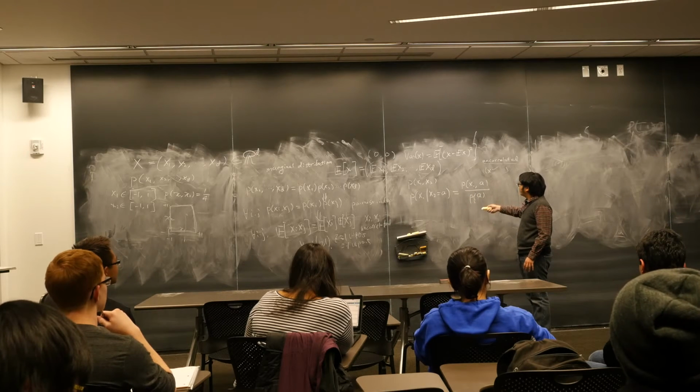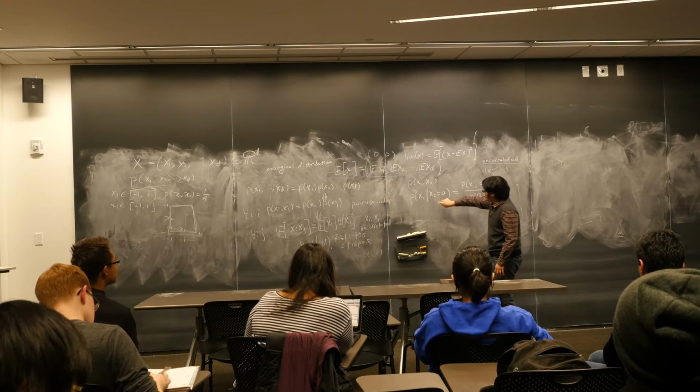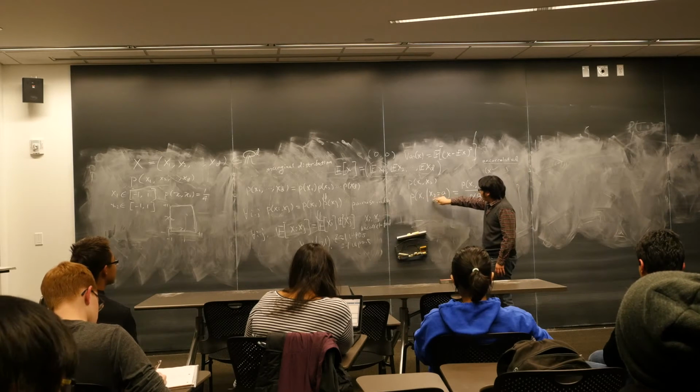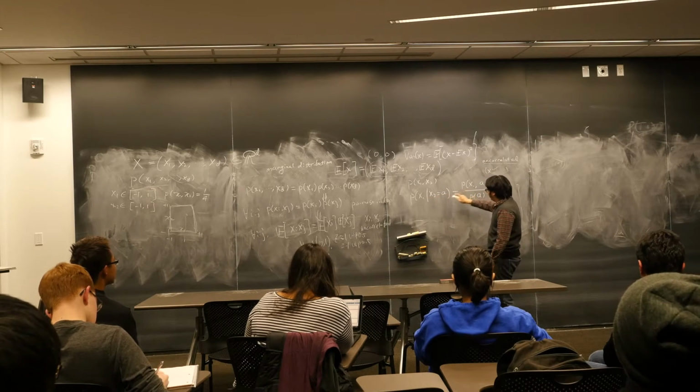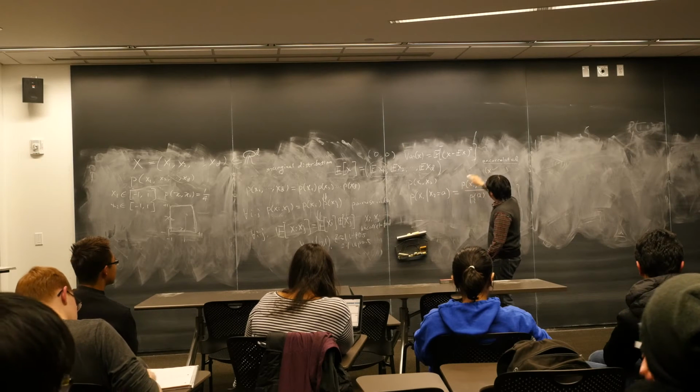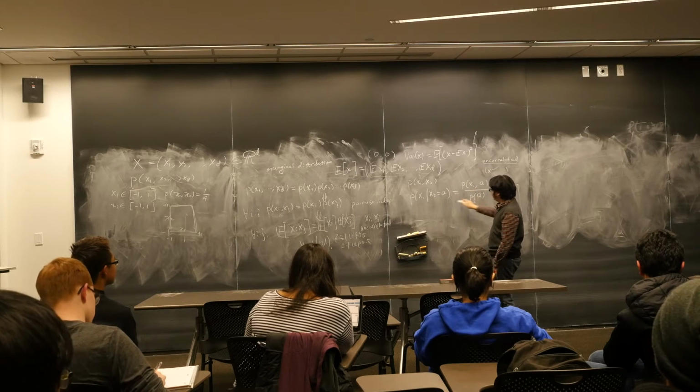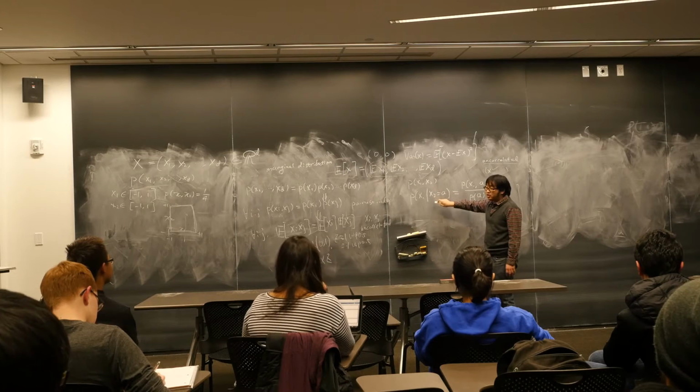So this will be a distribution over x1. It's conditional on x2 equals A, then you divide your joint distribution by the marginal distribution of the variable you're conditioning on.